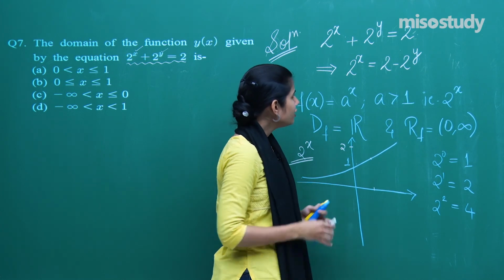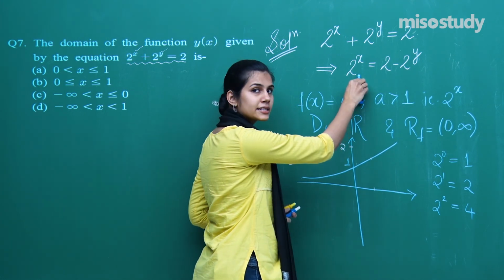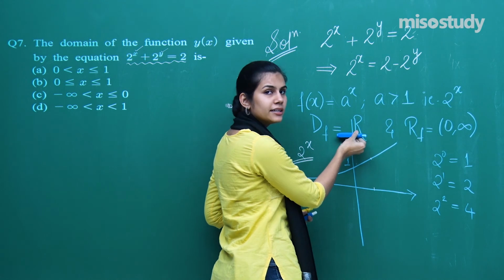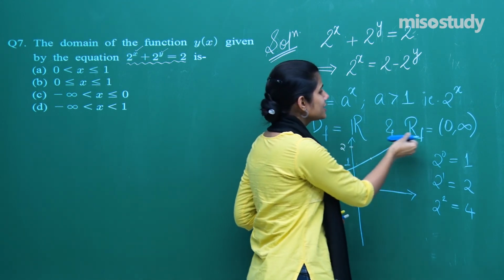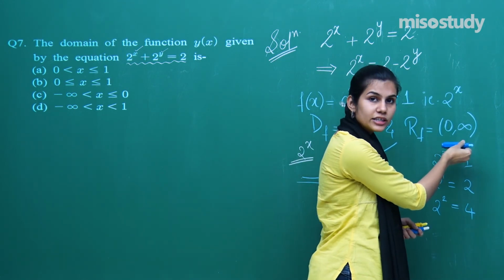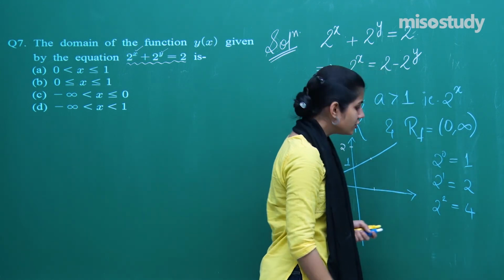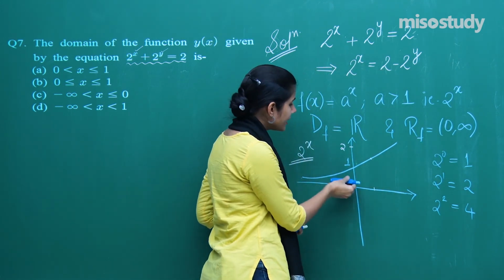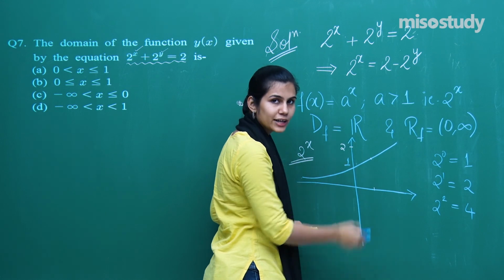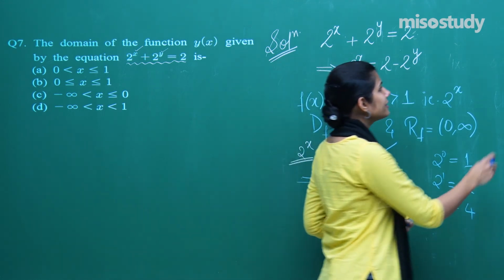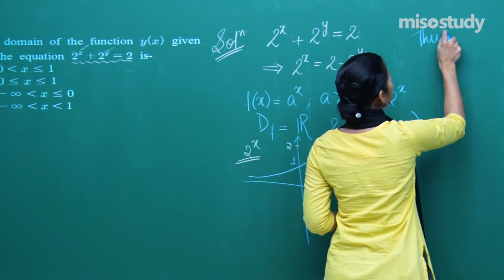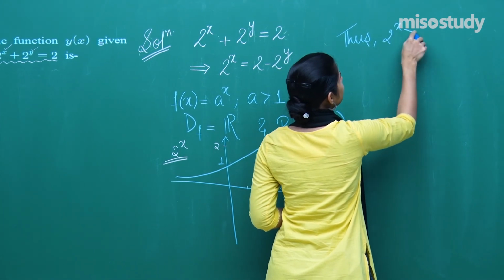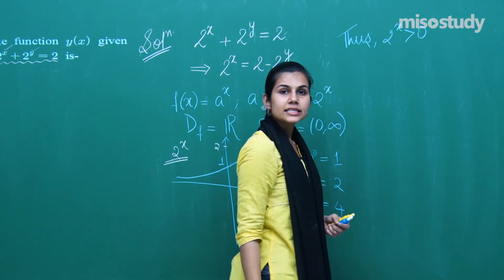That means I know that 2 to the power x for every x sitting in the collection of all reals is always going to be greater than 0. That is the range, or if you can see the graph also, the entire graph is above the x-axis, implying that 2 to the power x is always greater than 0.